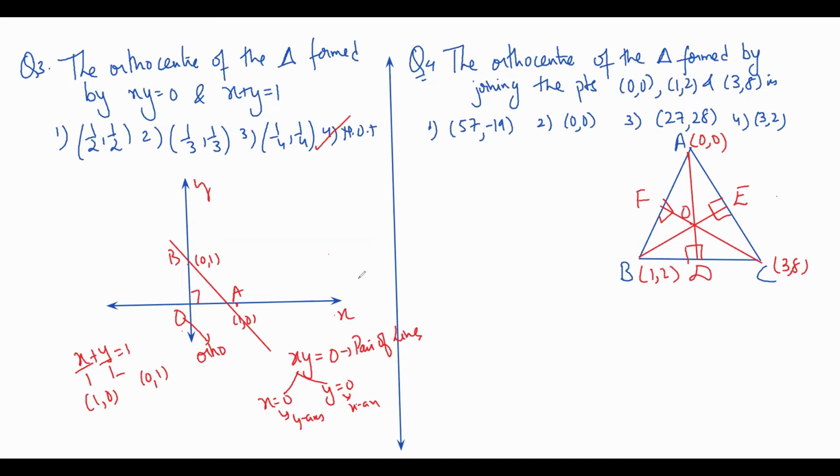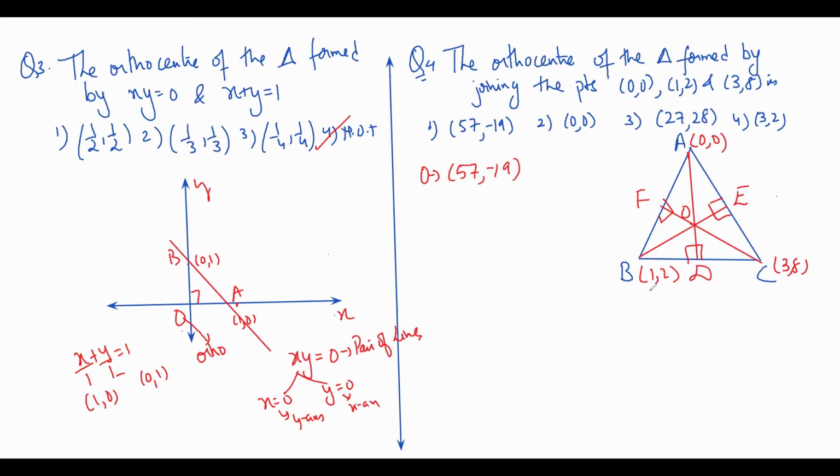Now, how do we find the orthocenter of this triangle? You know that one of the options is our orthocenter, it may be the first, second, third, or fourth. So we take our first option and keep that point here at the place O, that is (57, -19).